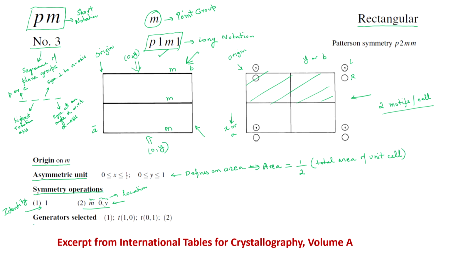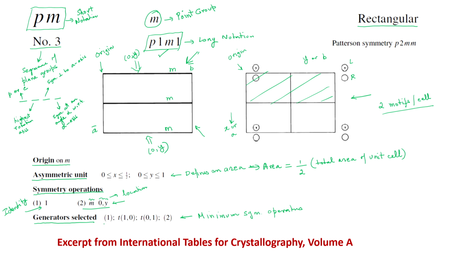Now, we come to the last part in this particular section, generators selected. These are the minimum symmetry operators which, when operated on all the motifs or on the asymmetric unit, are the minimum number you require to generate the entire pattern.